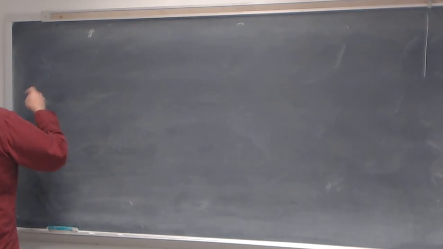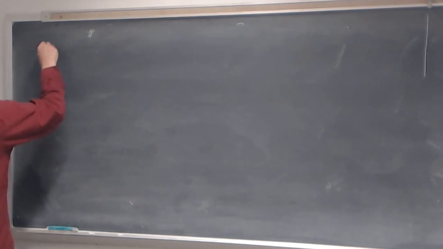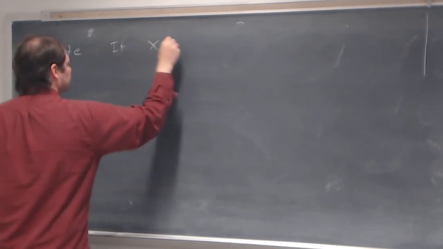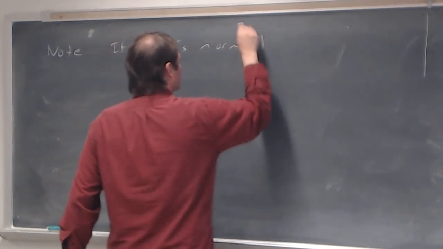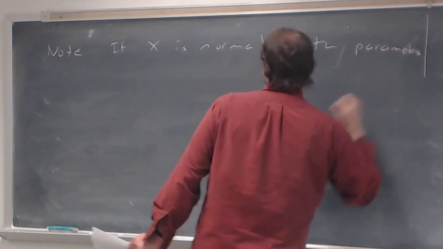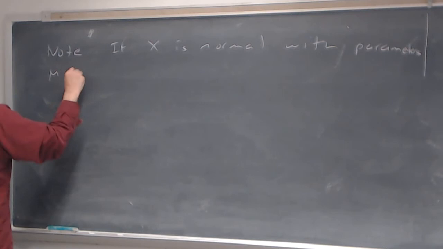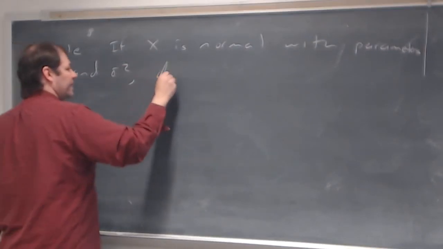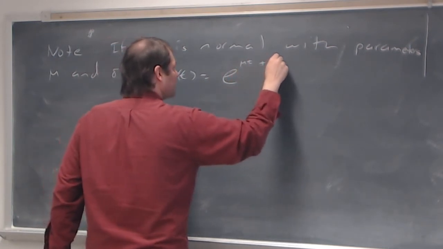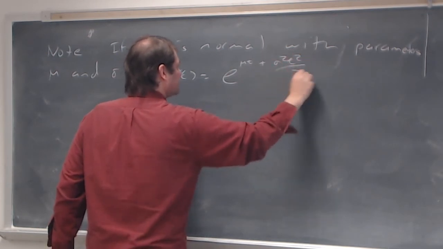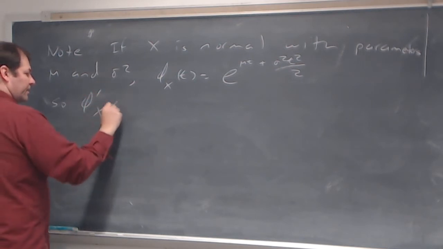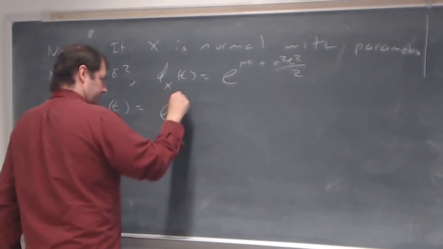So note, if x is normal with parameters mu and sigma squared, phi of x of t we just found was e to the mu t plus sigma squared t squared over 2.